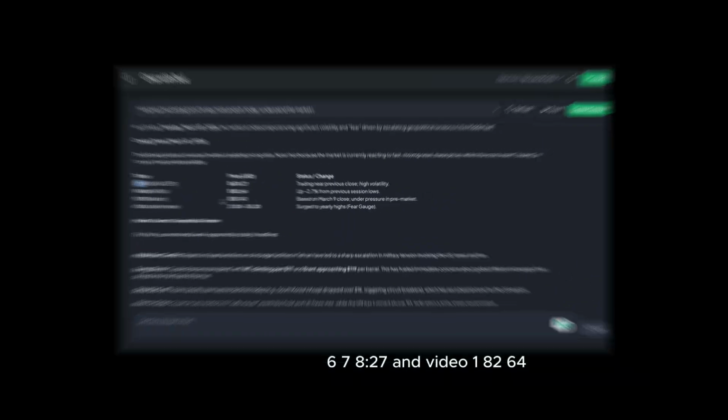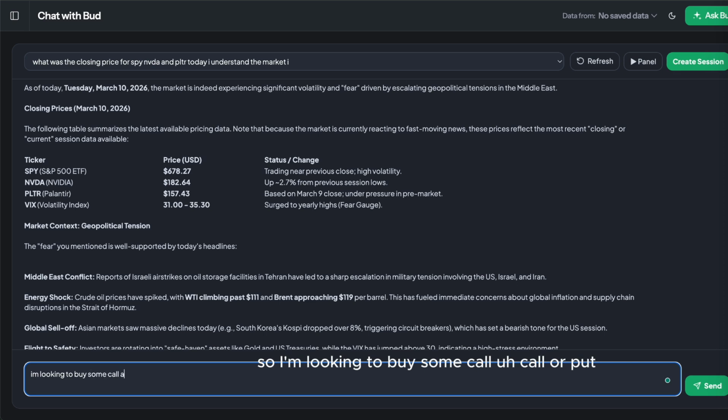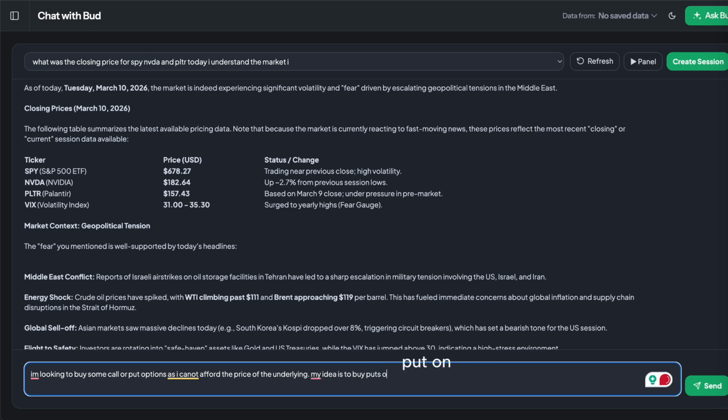678.27. Nvidia is 180. I want to buy some call or put options, as I cannot afford the price of the underlying. My idea is to buy puts on PLTR, as it's been rallying for the past few days.